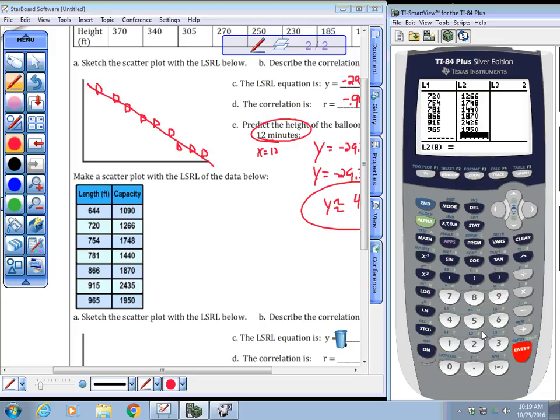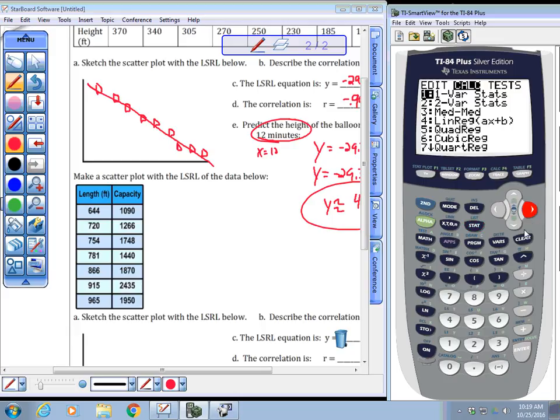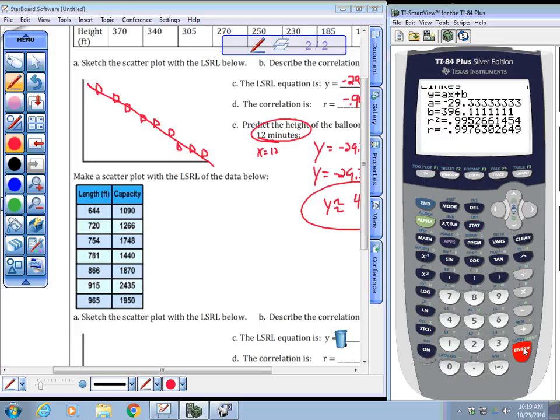All right, let's go to stat. We're going to calculate. We're going to go to linear regression. We're going to put in our L1 list, comma, our L2 list, comma, and then we're going to put on our variables for y variables under functions, y sub 1, hit enter.